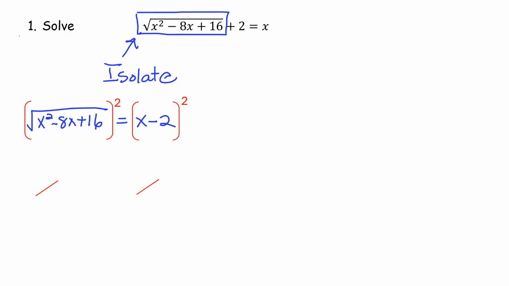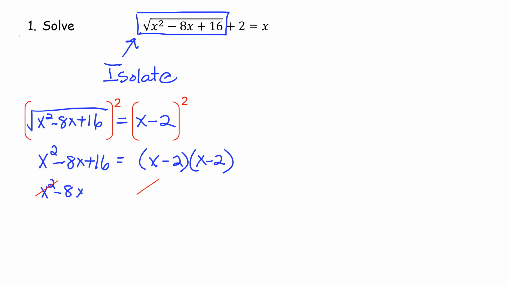So on the left side of the equation, when I square that, the radical, the square root, cancels with the square, and I end up with x squared minus 8x plus 16. And on the right side, like I just said, it is x minus 2 times x minus 2. Now, I'm going to multiply that out. x squared minus 8x plus 16 is equal to x squared minus 4x plus 4.